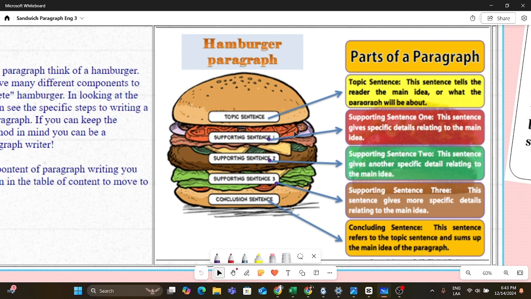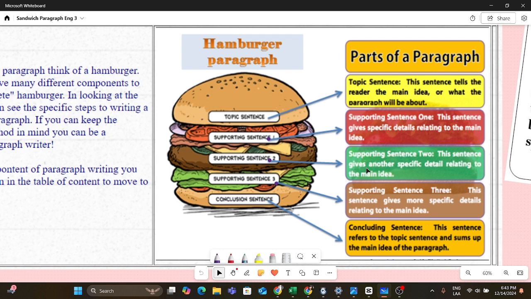Then we have the tomato, the cucumber, the lettuce, and that is supporting sentence number one. This sentence gives specific details relating to the main idea. So this is going to support the topic sentence. And then we have the meat, the cheese, and that is supporting sentence number two.